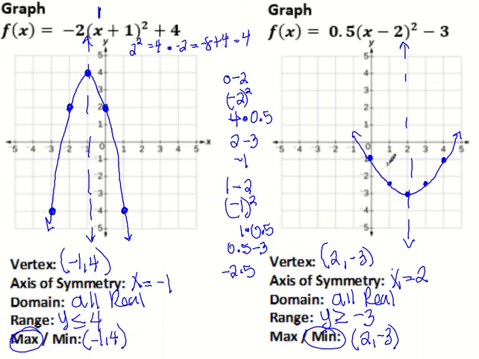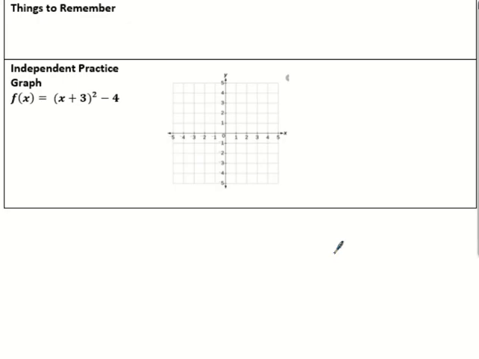Same here, this is at 1, -2.5. It's 1 away from my axis of symmetry, so I go 1 away from my axis of symmetry and put another point.